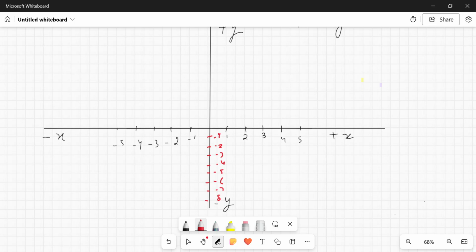You can't take 2 centimeter in the positive y side and 1 centimeter in the negative side. Both the positive and negative should be the same scale. Otherwise, it gives you trouble. You will not get a linear line, right?